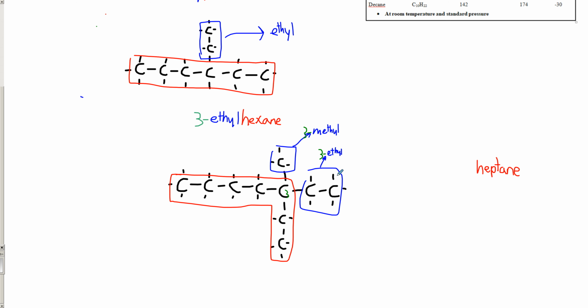So 3-ethyl comes first: 3, dash, ethyl. Then we have a dash, because we always separate numbers from words with dashes. And then 3, dash, methyl.